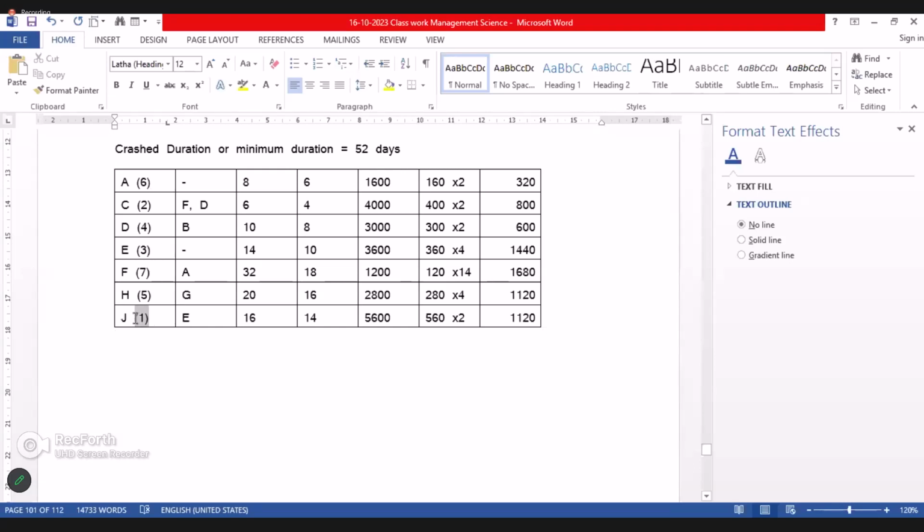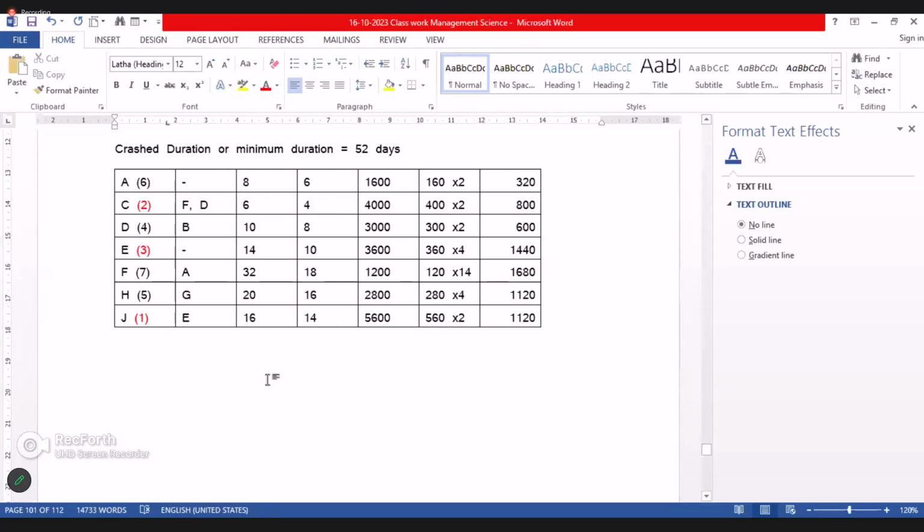This is the first one, the second one, the third one, like that. We are considering the highest cost slope first.